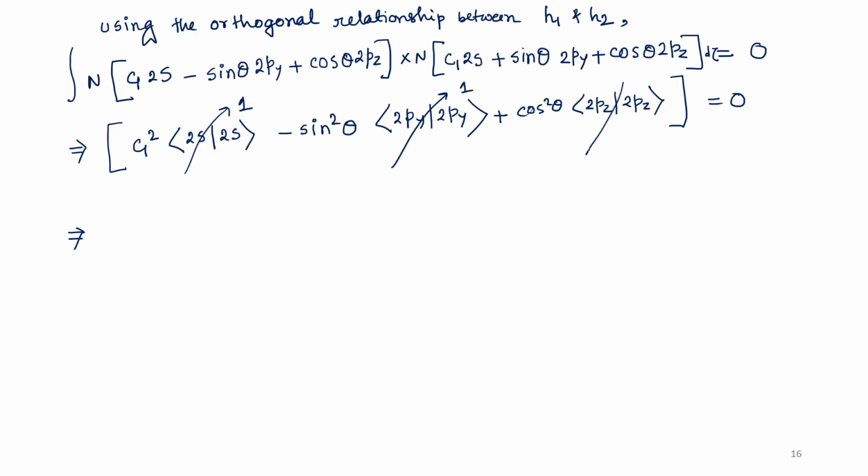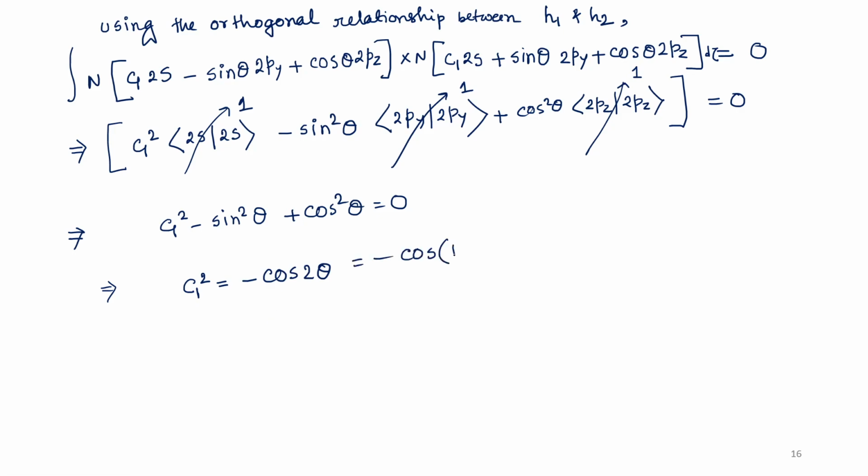I have not written the cross terms because they are already 0. So your C1 squared minus sine squared theta plus cos squared theta is 0, which is nothing but cos 2 theta.